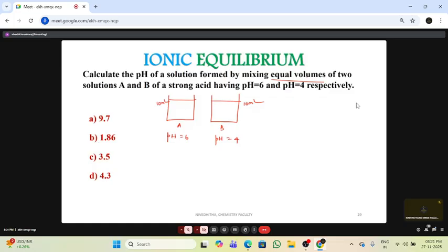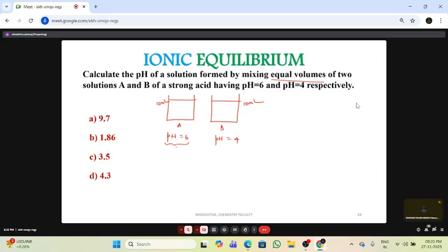So here, if the pH is 6, then what will be the concentration of H plus ion? pH is equal to 6. pH can be written as minus log of H plus ion.